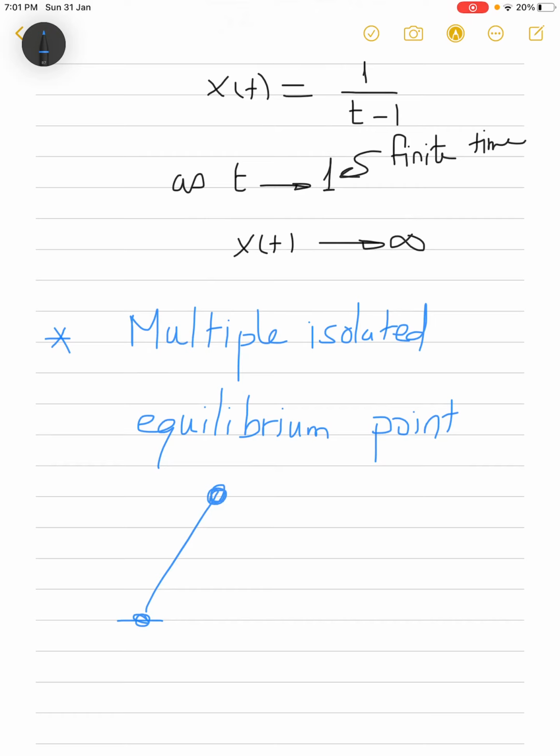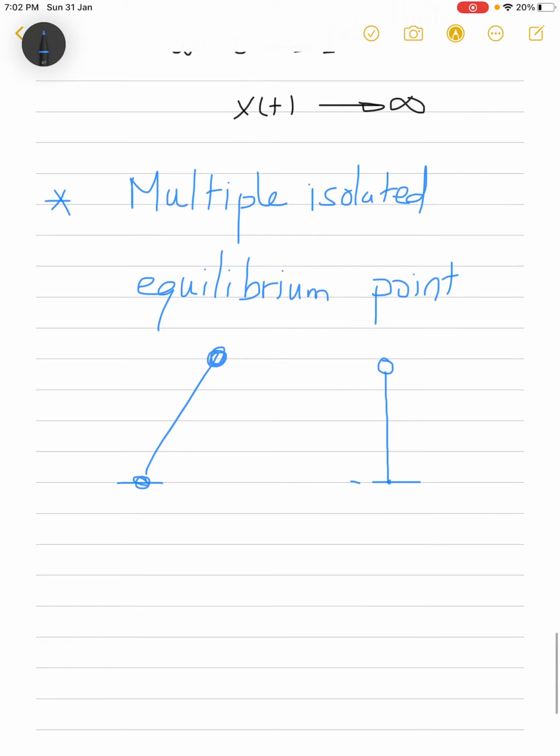We know that there are two positions where the pendulum can stand still. One of them would be vertically up. So this is the one equilibrium point, and the other one, of course, if we take it vertically down.